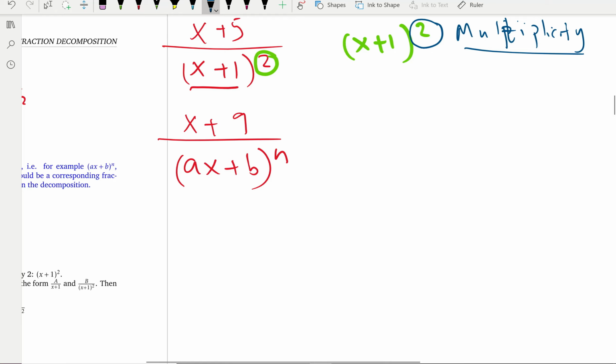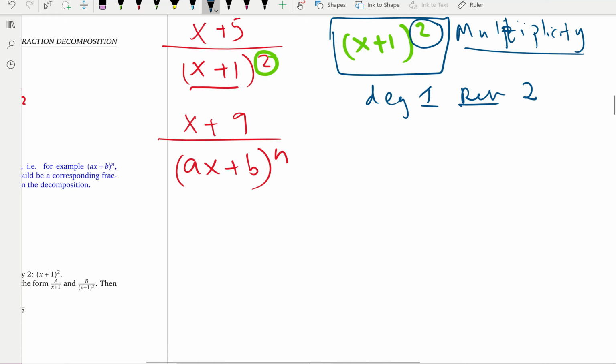So x plus 1 is repeated 2 times, so multiplicity is 2. So the way you read this whole expression is your linear factor, or degree 1 factor, is repeated twice. So multiplicity is 2, degree is 1.